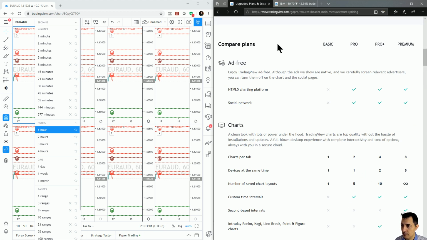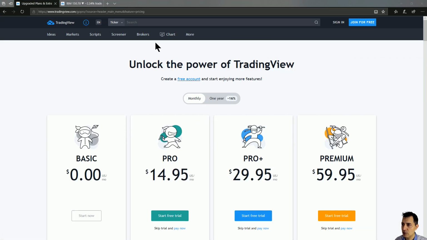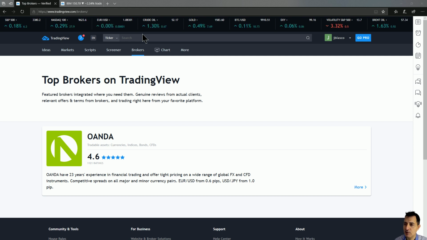Outside the trading panel, you can go to TradingView, and notice that in this main menu there is a broker section as well. You can click here to take a look at which brokers are available. There seems to be a major partnership between Oanda and TradingView because they are at the top of the list.